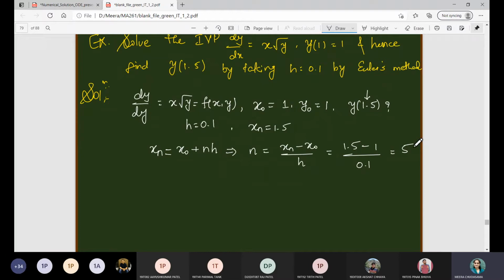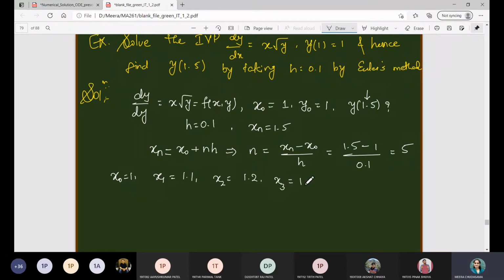So we will compute y1, y2, y3, y4, y5. Let me write these exercise values also. x0 is 1. So what will be x1? 1.1. Very good. What about x2? 1.2.